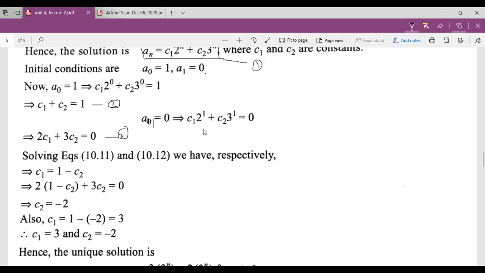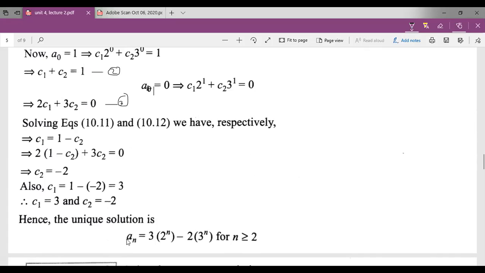We get the solution of the given linear homogeneous recurrence relation, that is an is equal to 3 into 2 power n minus 2 into 3 power n for n greater than or equal to 2. So this is the general solution for the given linear homogeneous recurrence relation.